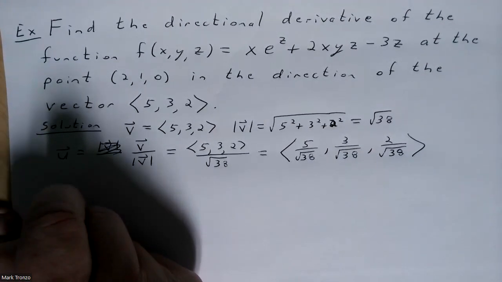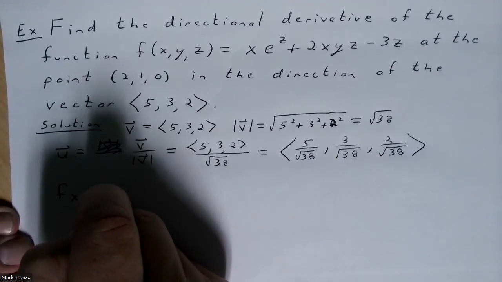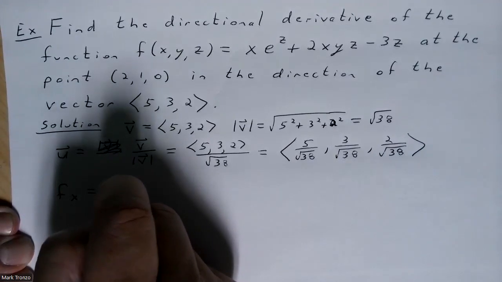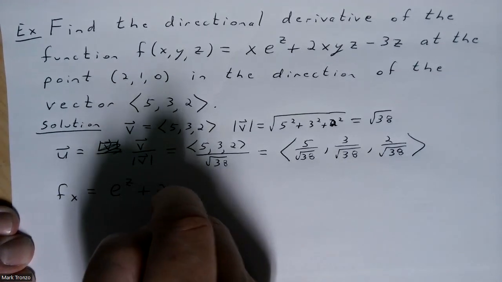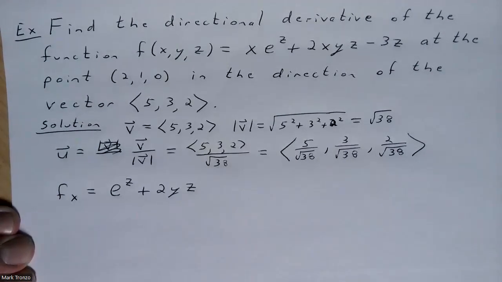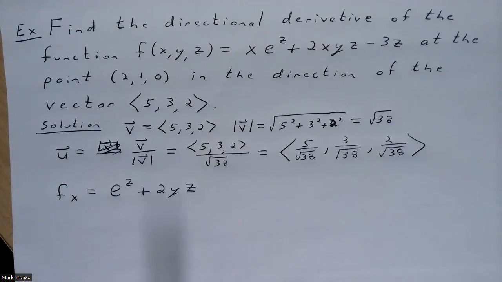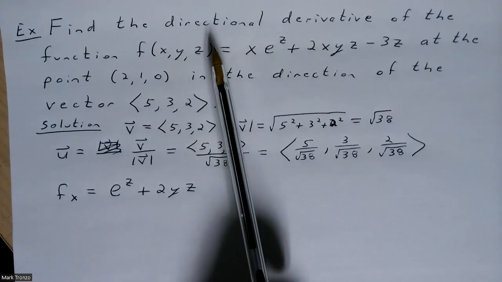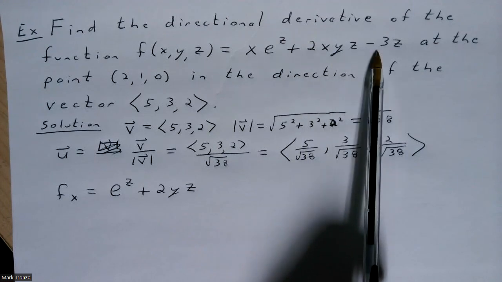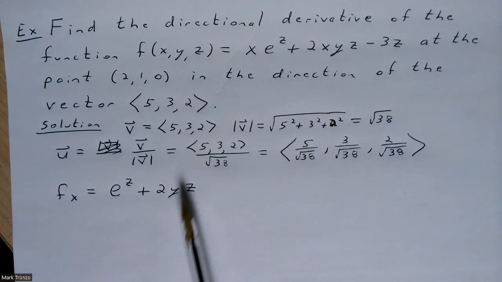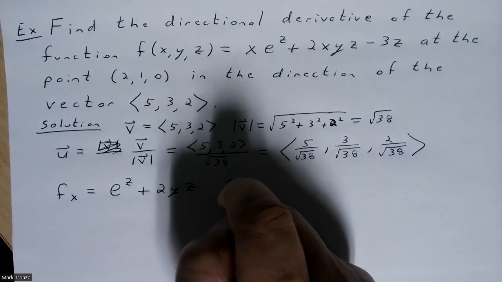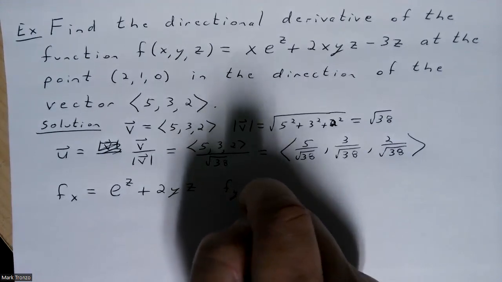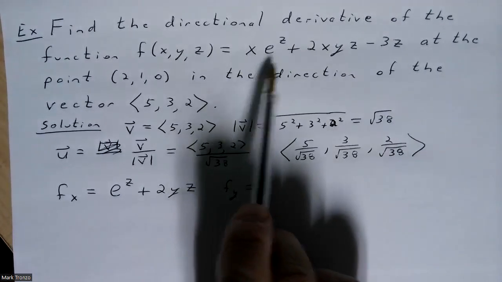And then take the partials. So we went back here and took the partial derivative of this with respect to x. Got this. Then we'll need the partial with respect to y. That's going to be 0.